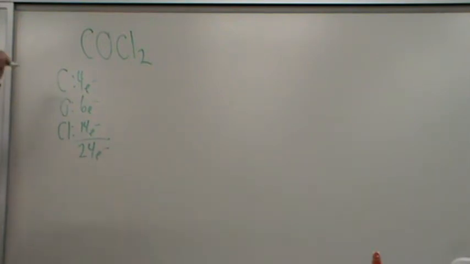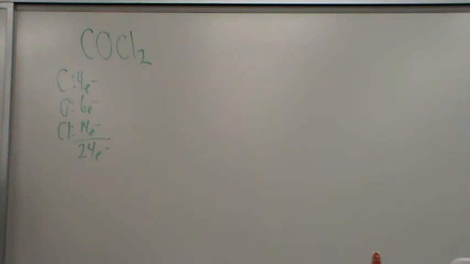Well, what we should be doing is, the element that's going to be your central atom, a lot of times it's going to be the element that has more unpaired electrons. Okay, so between carbon and oxygen, which one has more unpaired electrons? Carbon, because carbon has how many valence electrons? 4.